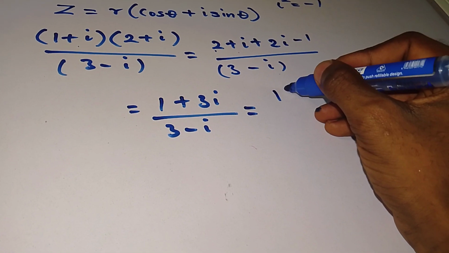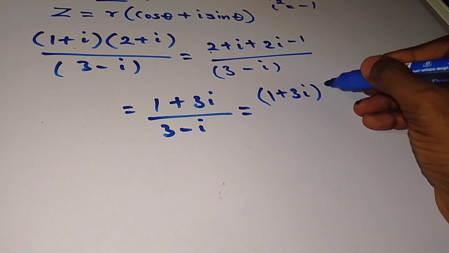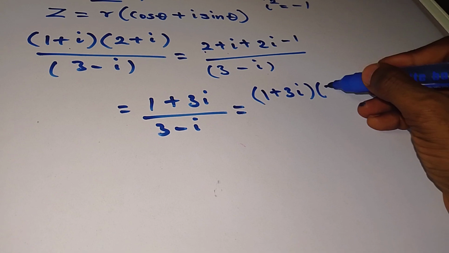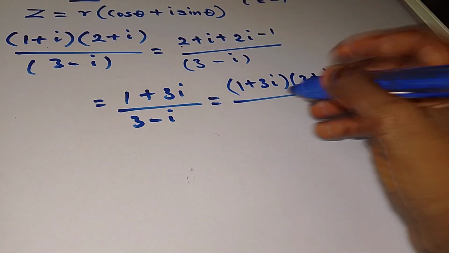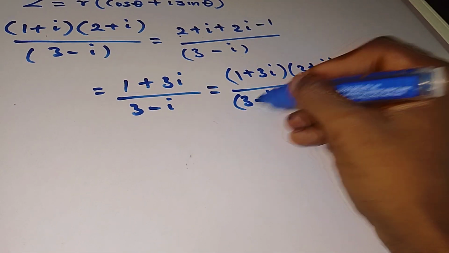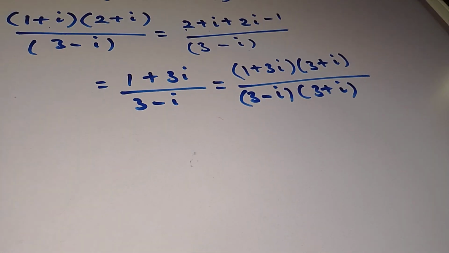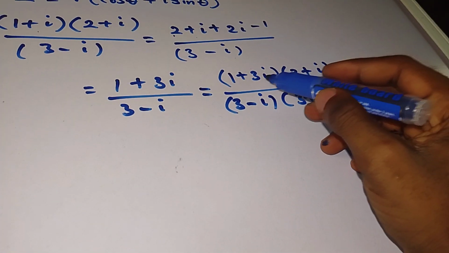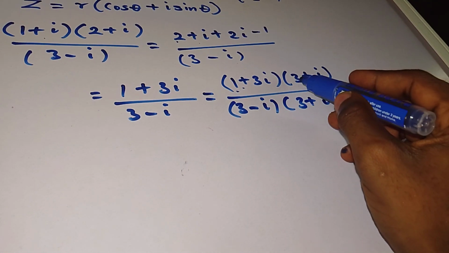So at the numerator, we have (1 plus 3i) times the conjugate 3 plus i, all over (3 minus i) times (3 plus i).